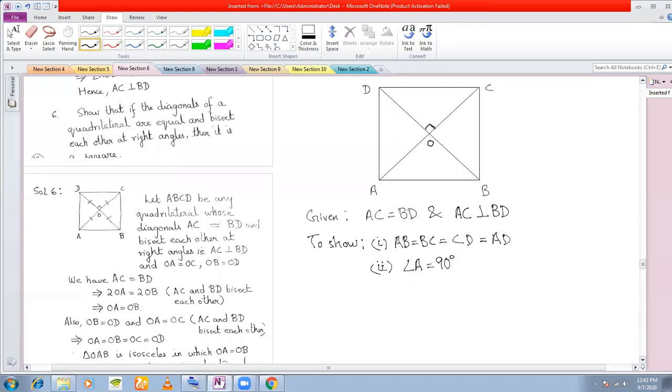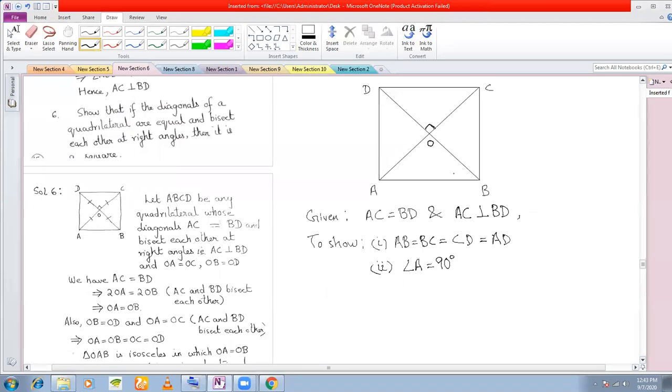Now see, not only are equal diagonals given, it is also given that the diagonals bisect each other.